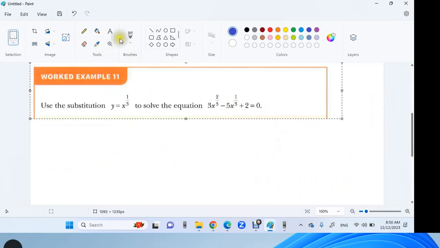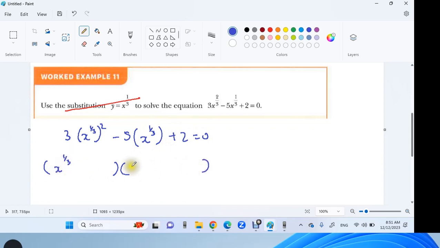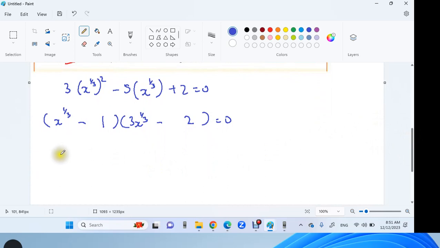If the question doesn't ask us to use substitution, they just ask us to solve the equation, then what I can do is this. This is x power 1 over 3 squared minus 5x power 1 over 3 plus 2 equal to 0. Then I factorise: x power 1 over 3 minus 1 and x power 1 over 3 minus 2, equal to 0. Then x power 1 over 3 equals 1 and x power 1 over 3 equals 2 over 3.